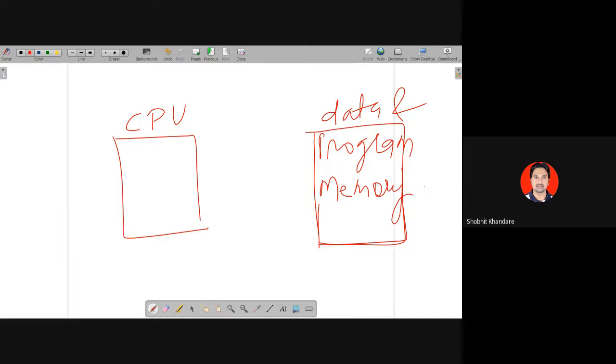Now I'll be explaining the von Neumann architecture. The first architecture is von Neumann architecture, also called Princeton architecture.